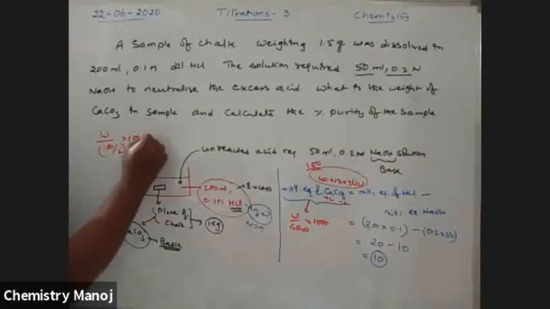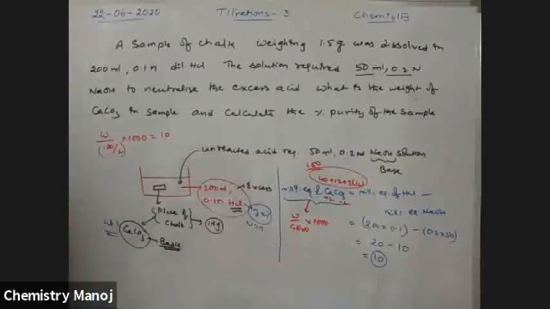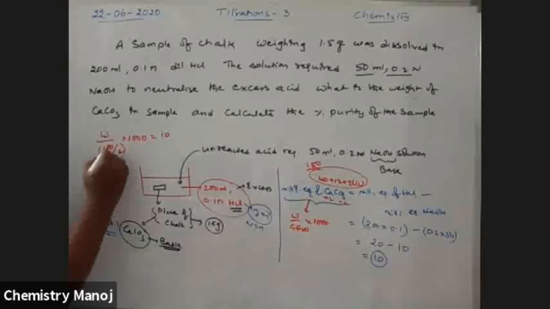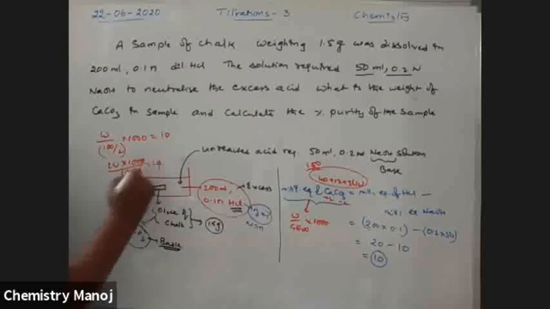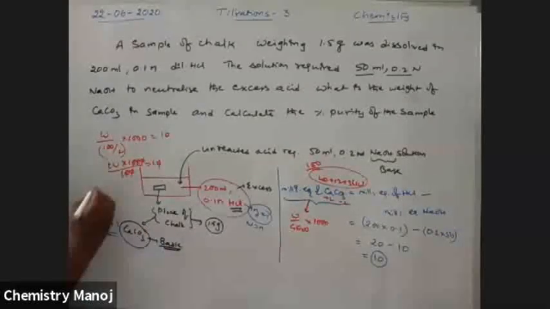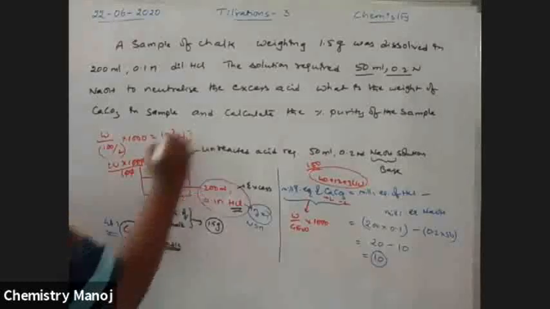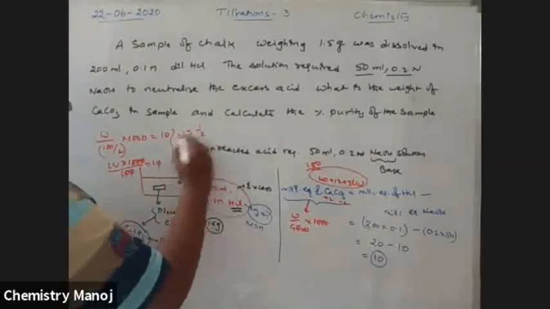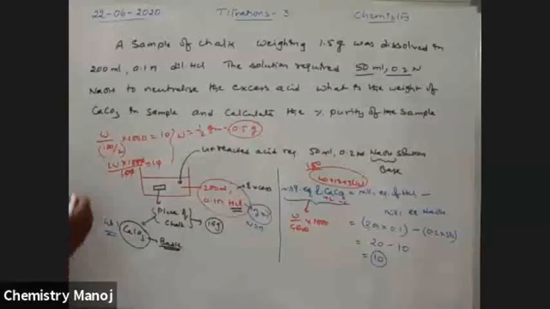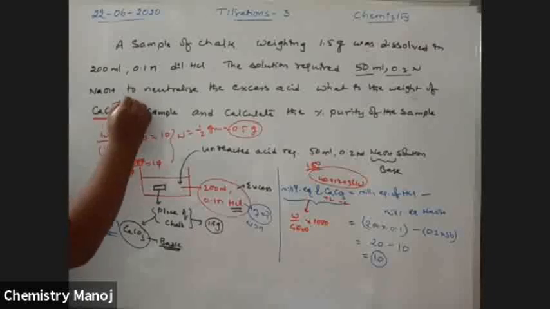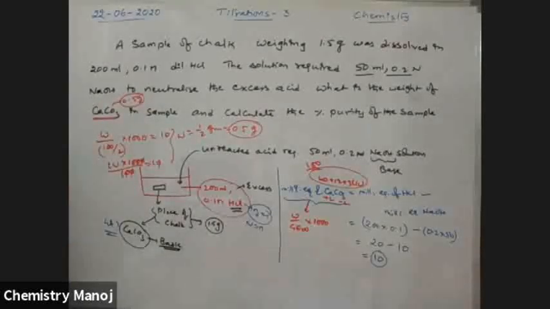So W into 1000 by 50 is equal to 10, which gives 2W into 1000 by 100 equal to 10. This cancels, this cancels. Therefore, W is equal to 1 by 2 grams, 0.5 grams. Therefore CaCO3 is 0.5 grams.